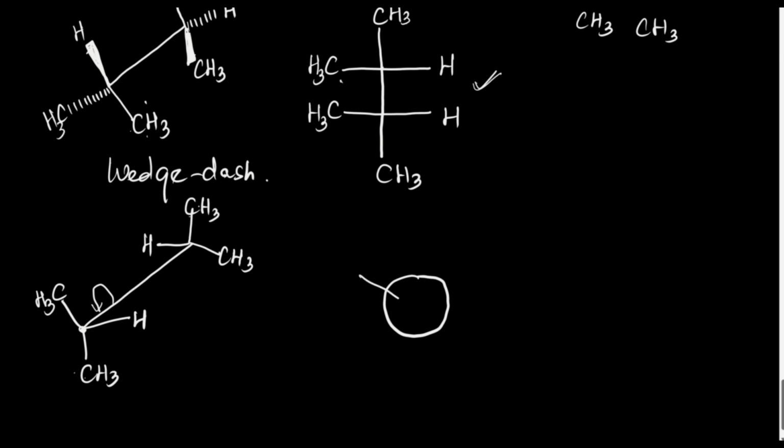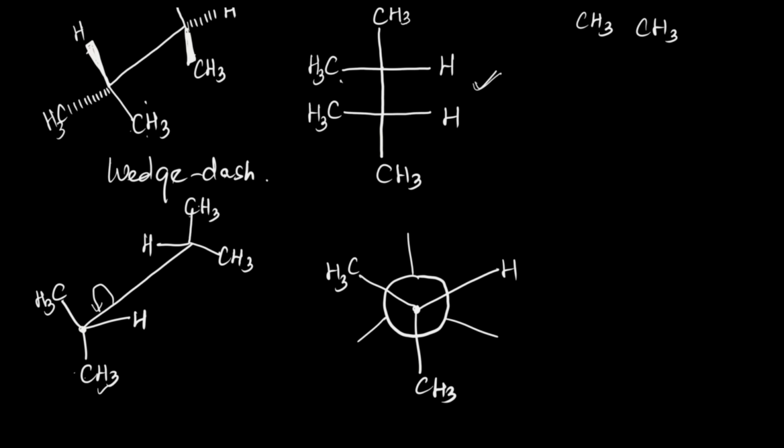So front and rear carbon. The front carbon is the dot. I'm taking CH3, this one, then CH3 on the left side, hydrogen on the right side. And if I'm considering the rear carbon, that is the circle, so CH3 goes on the top and another CH3 on the right, hydrogen on the left.